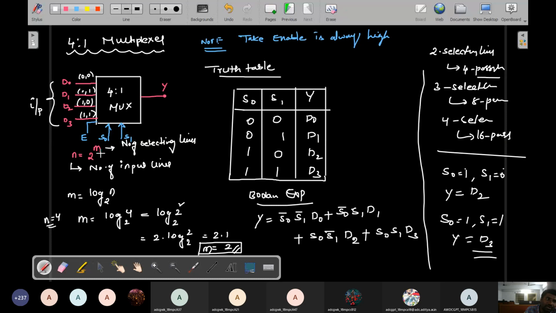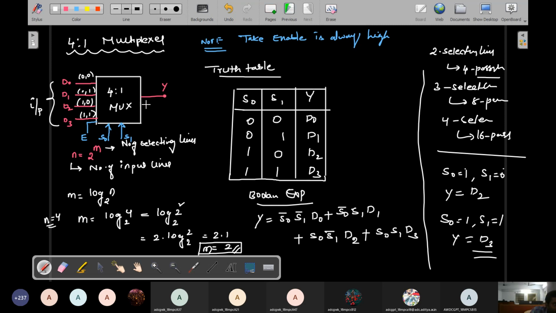If you select S0 is 0 and S1 is 0, then your output is selecting the D0 input terminal. Similarly, if you consider S0 is equal to 0, S1 is equal to 1, then your output will select the second terminal, that means D1 terminal. Similarly, depending upon this combination, the output takes any one of these inputs.